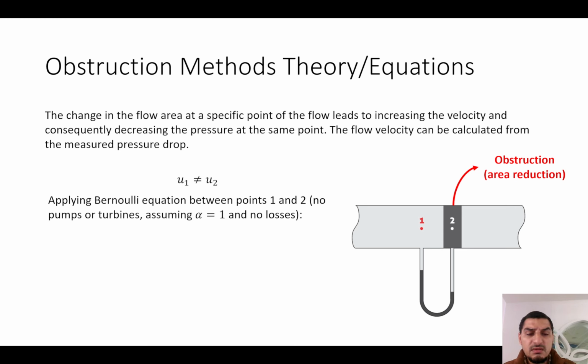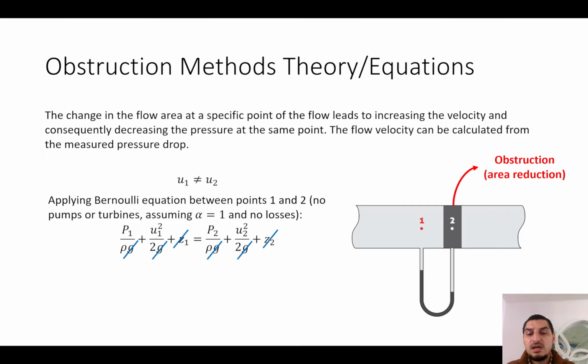We will base our analysis on assuming that there are no losses, which is not right, but we will fix this later. We also assume there are no turbines, no pumps, and alpha equals 1. So the equation would be the very famous first form of the Bernoulli equation, not the modified Bernoulli, the basic Bernoulli equation. The two points 1 and 2 are at the same height. The velocities are not the same, and the pressure is not the same, of course.